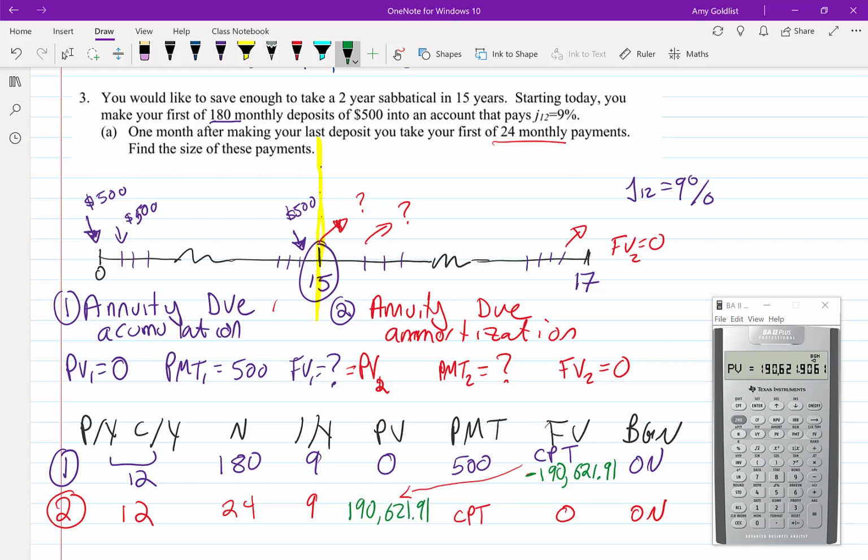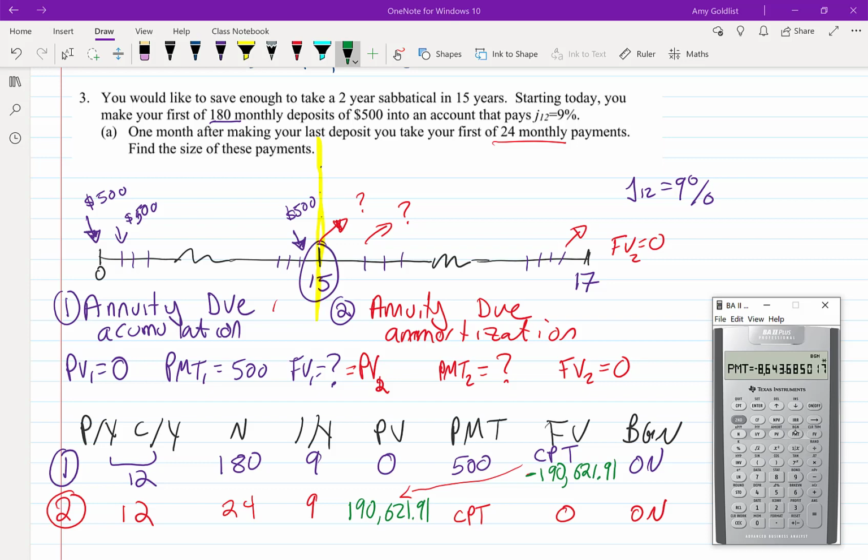That's very useful. Okay, let's do the second annuity. 12 should stay the same, but N is now 24. I usually press recall and then IY to make sure that it's correct. Recall present value is correct. Recall payment, well, I don't even know about payment, so I'm going to leave that alone. And I'm going to make sure that my future value is 0. Begin is still on. So compute the payment.